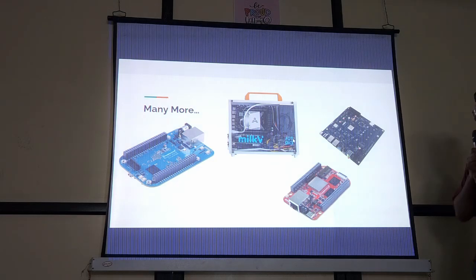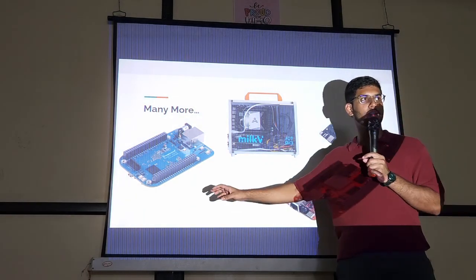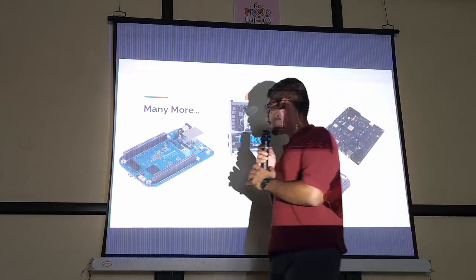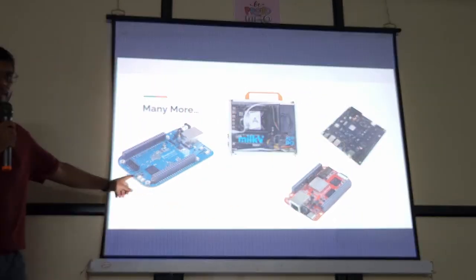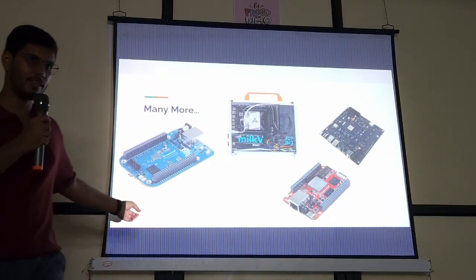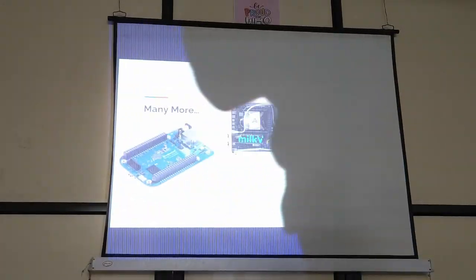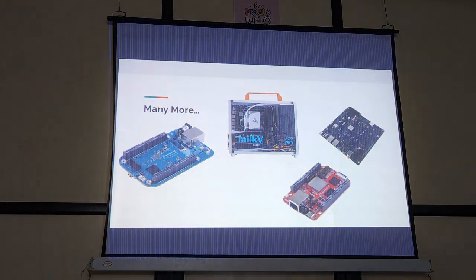Then a few more. Remember, I was talking about Lichee Pi 4A. So this is an alternative to Lichee Pi 4A. I have this one also here. This board is also based on that TH1520 SoC, and it has really good support as compared to the Lichee Pi board, and you can easily buy it from DigiKey or Mouser.in.